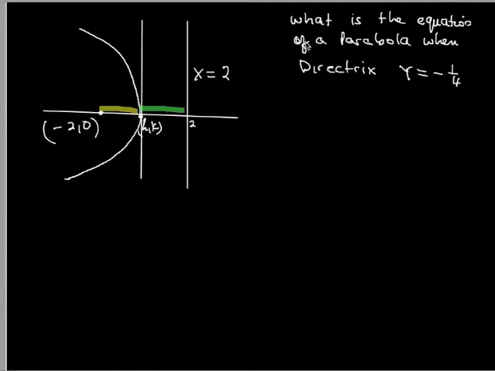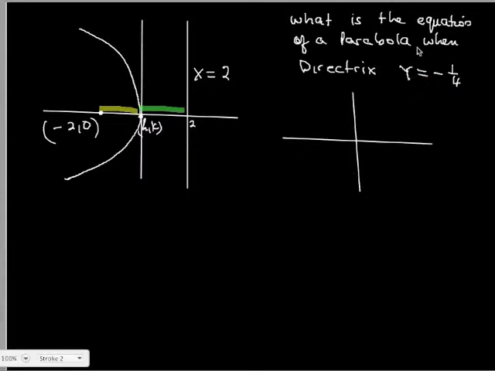Okay, let's consider this question here. What is the equation of a parabola when the directrix is y is equal to -1/4? The first thing you want to do is sketch it out, and you're given that the vertex is 0. The y is equal to -1/4, so this is my directrix line right here.